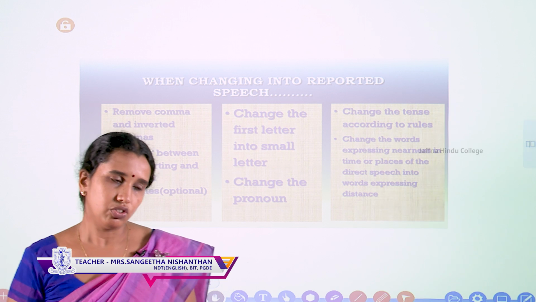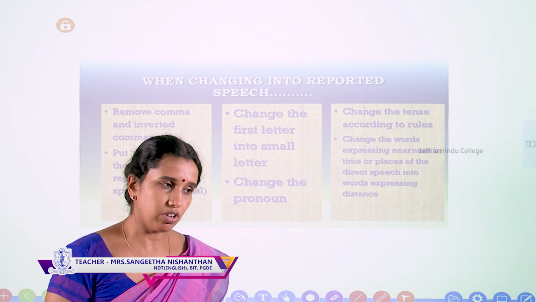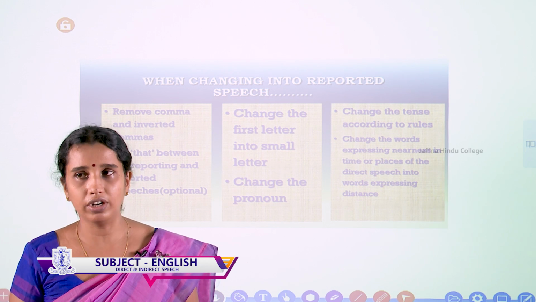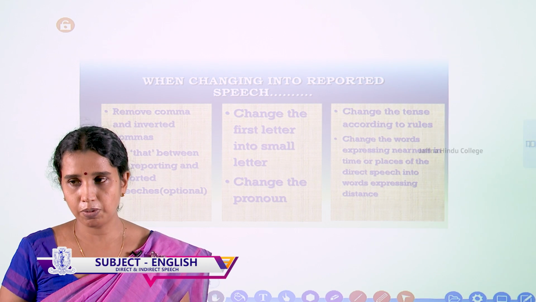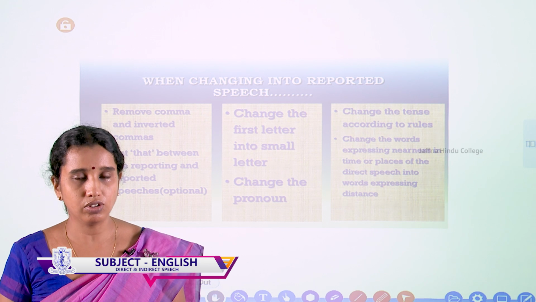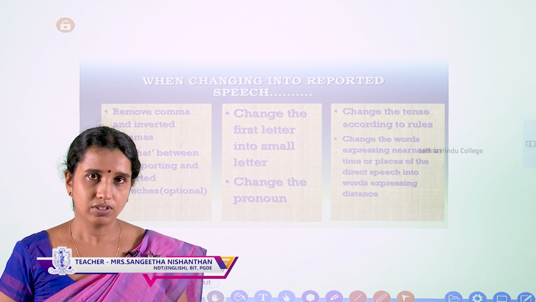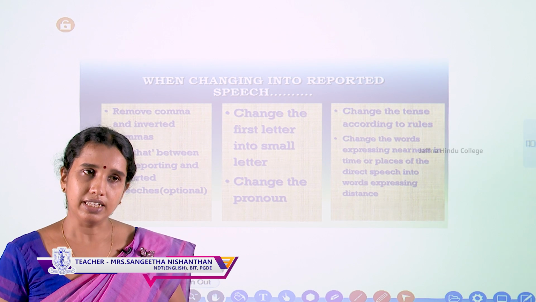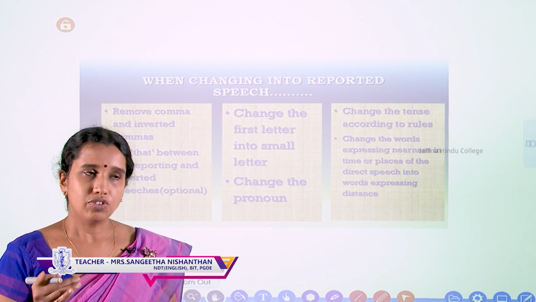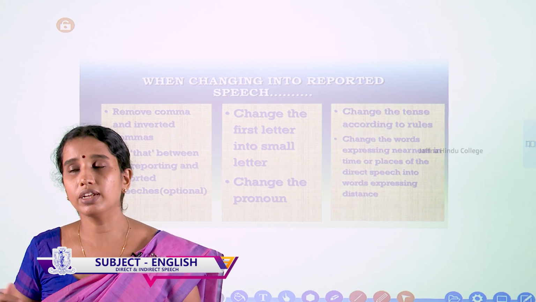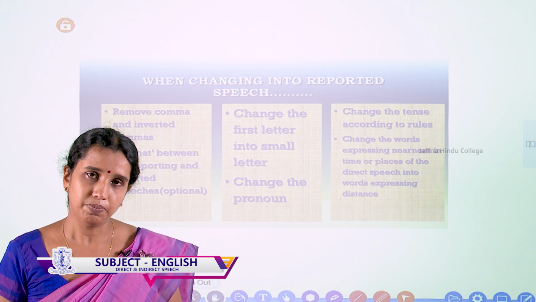Why do we change the direct speech into indirect speech? Because both occur at different times. Direct speech and indirect speech do not occur at the same time and at the same place. We imagine that the statement may be false when we report it to another person.